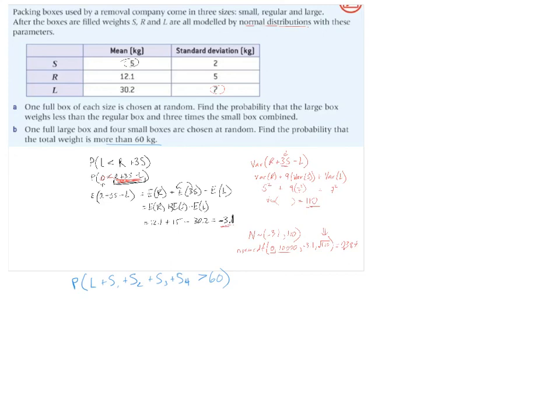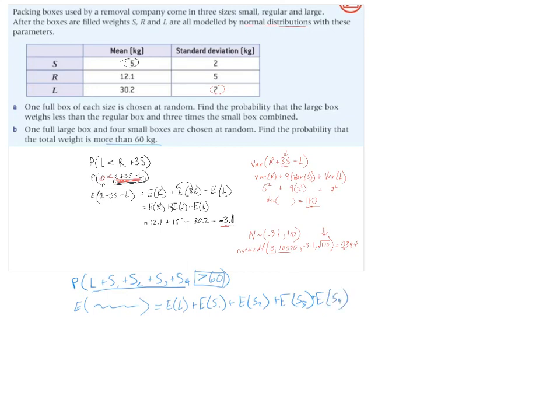Just not looking at the greater than 60 right now, the expected value of the large box plus the 4 small ones is equal to the expected value of the large box plus the expected value of each of the small boxes, right? Plus E of small box 4. And we can add all those together.